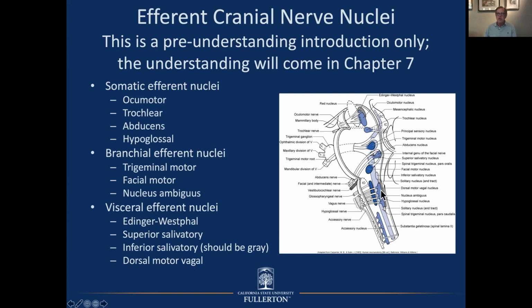I should point this out as we're looking at this: we're looking at a side view. It's not exactly a sagittal section, but we're looking at a side view. There's a kind of a 3-dimensionality to it, which is why it's not just a sagittal section.